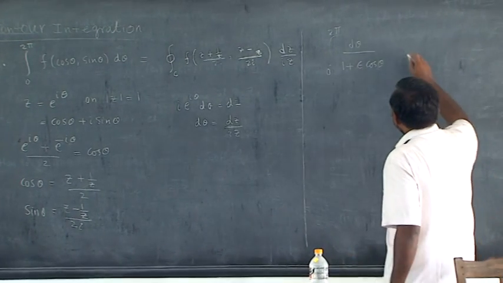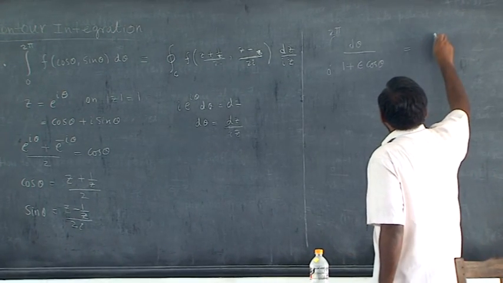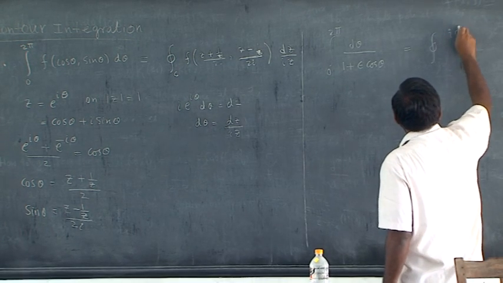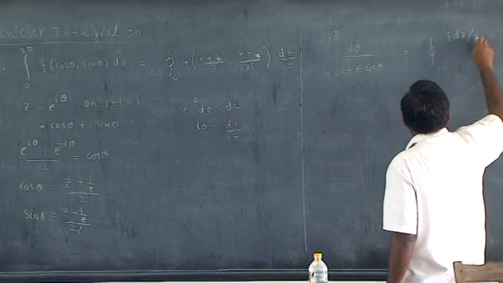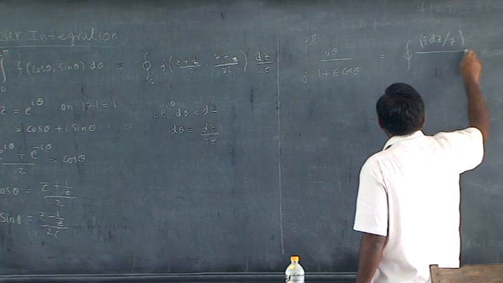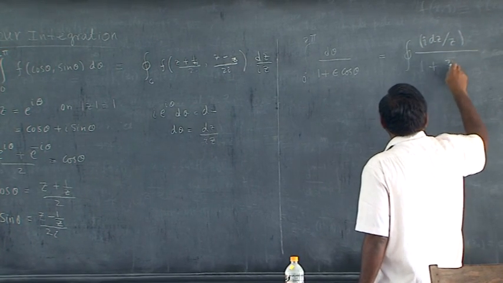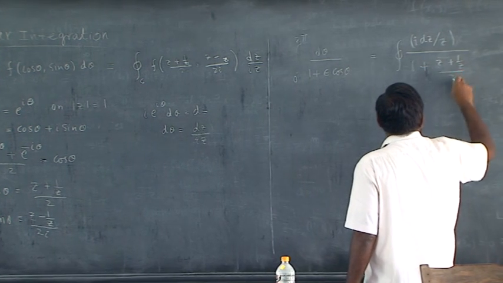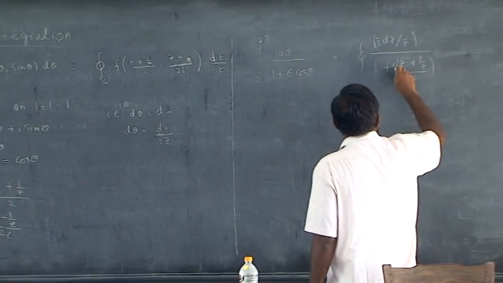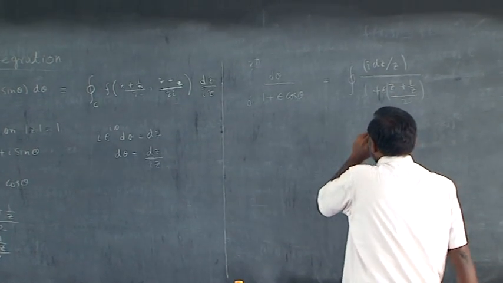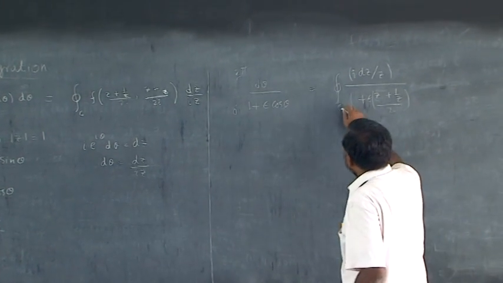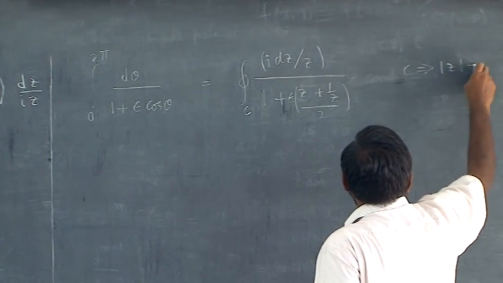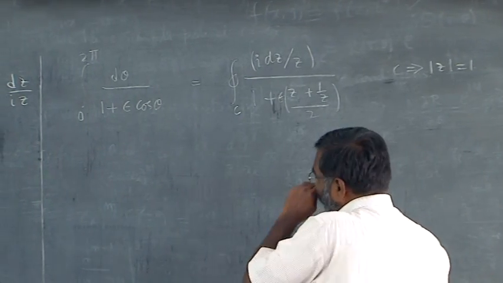So you can write this as an integral over a contour, i dz by z, this is d theta, 1 plus epsilon times (z plus 1 by z) by 2, over this contour, where this contour is mod z equal to 1, the unit circle.